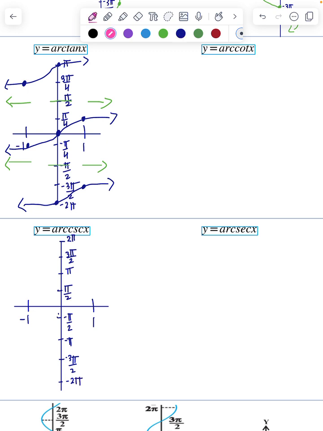I always remember cosecant and cotangent have asymptotes at 0. And then your first parabola is at positive 1. And then you got asymptote again. And then a parabola facing down, or in this case to the left.